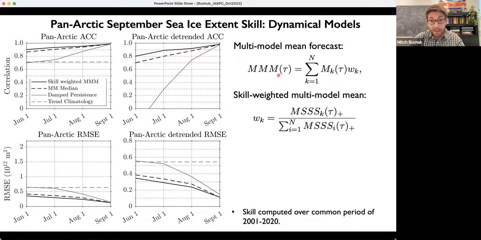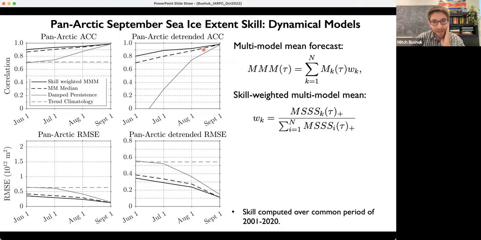For both of these multi-model predictions, compared to the damped anomaly persistence, if we focus on the detrended ACC here, you can see that the models are doing a much better job than this reference forecast at capturing these interannual fluctuations in sea ice extent. Even going back to June 1st, these multi-model forecasts have ACC values of above 0.7. So there is quite a bit of skill for these detrended interannual anomalies.